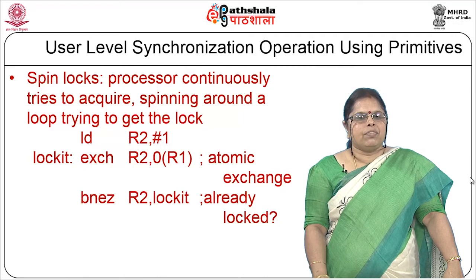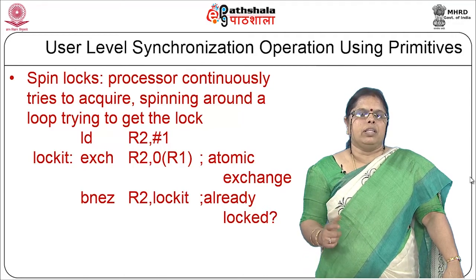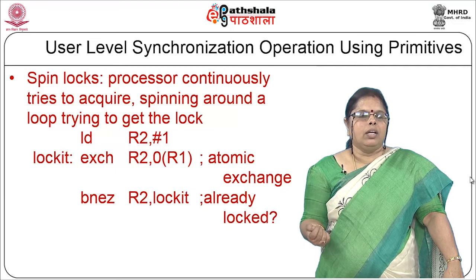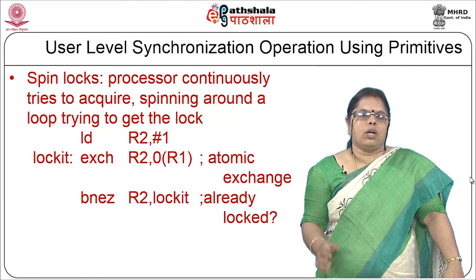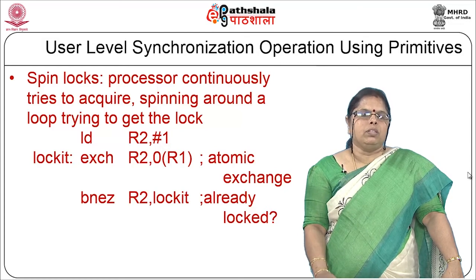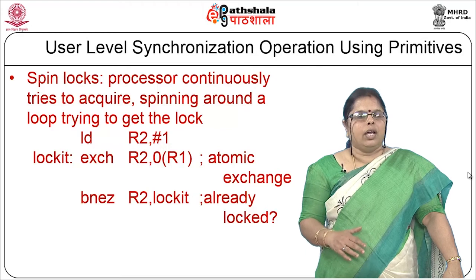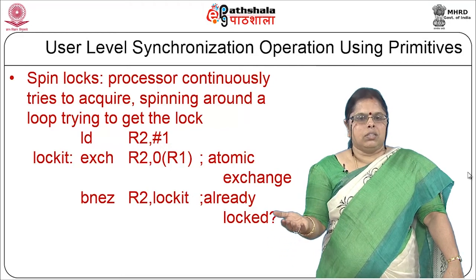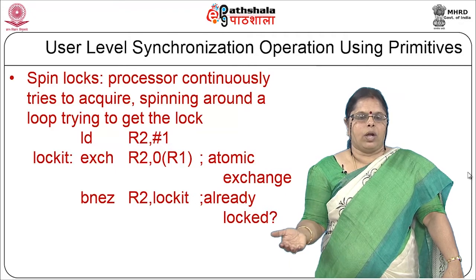So, after the exchange operation, you find out whether the synchronization variable was acquired, and that will depend on what comes into R2. So, if R2 gets a value of 0, it means that the lock was free and you have got it, and you have also locked the other processors from using the synchronization variable by storing a 1 there.